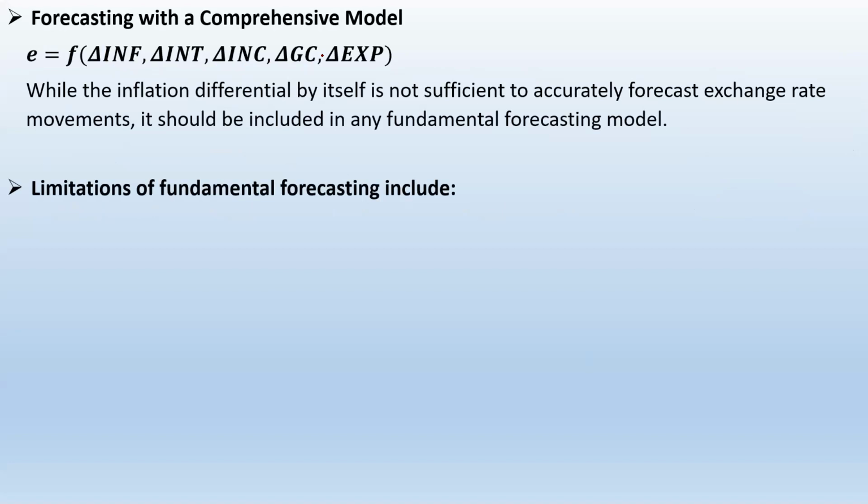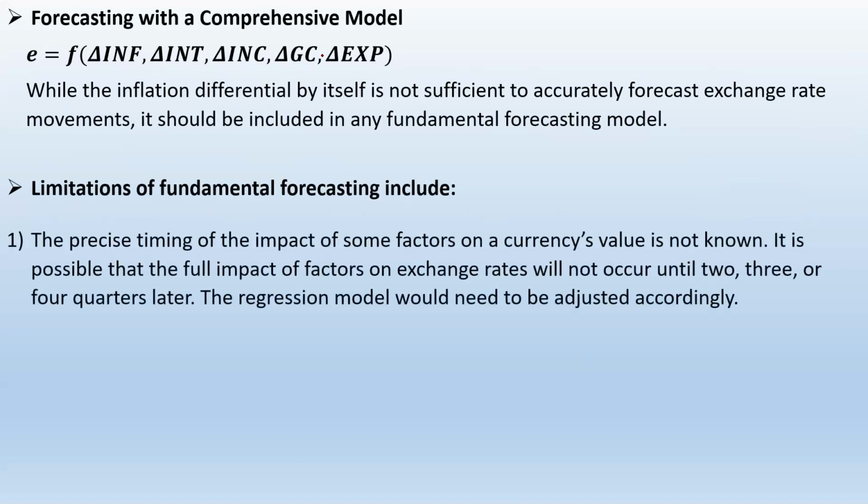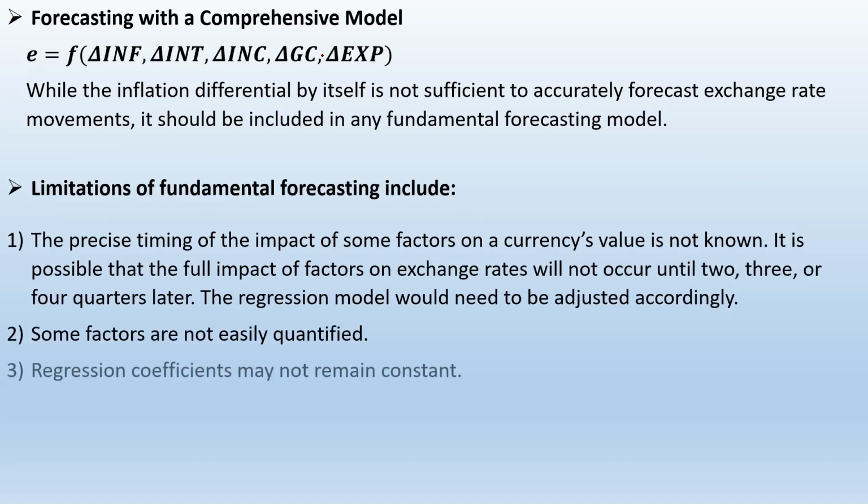The limitations of fundamental forecasting include, first, sometimes we don't know how long a factor will affect the exchange rate movement. It may take 2, 3, 4 quarters to show the full impact of factors on the exchange rate.